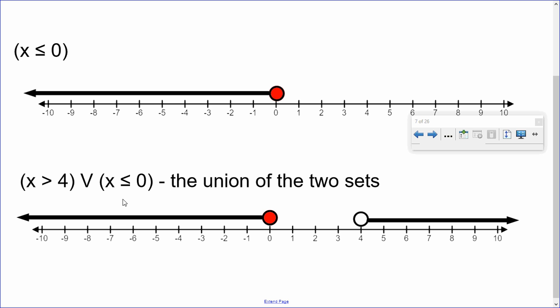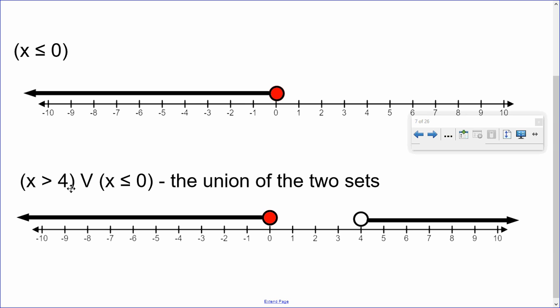Here's where we're going to put the union of the two sets together. So when we have our compound inequality, the union of the two sets. So we graph the first one, x less than or equal to 0. So notice it's going this way, and a colored in circle.